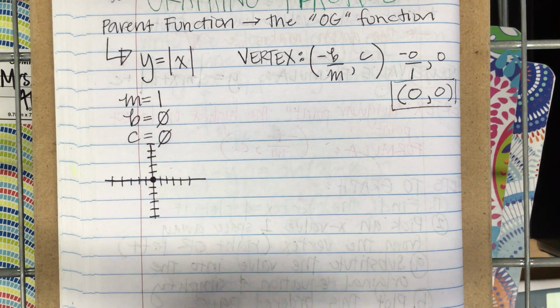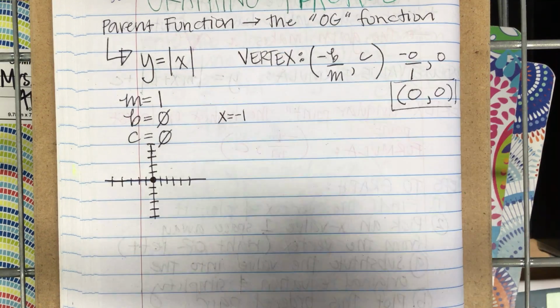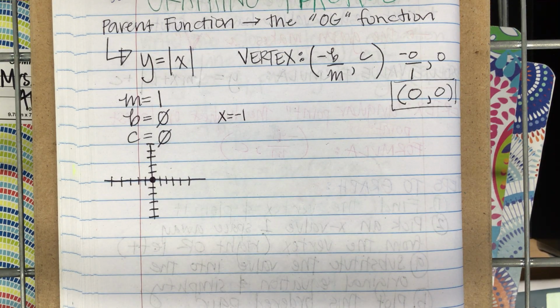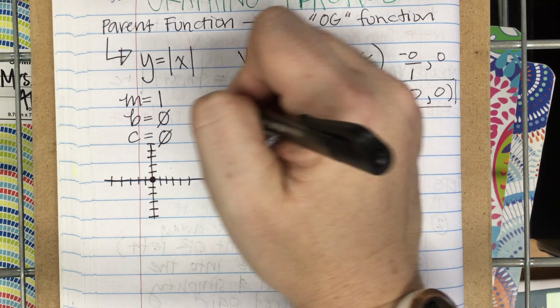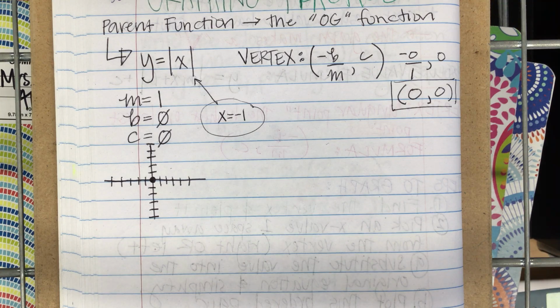We're going to pick -1. That's what I'm going to use. So that means I'm going to substitute this right in up here. Instead of the variable x, I'm going to remove the variable x and I'm going to put in the number -1 because that's the number that I picked.